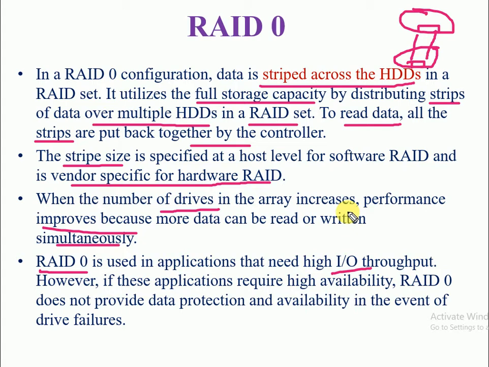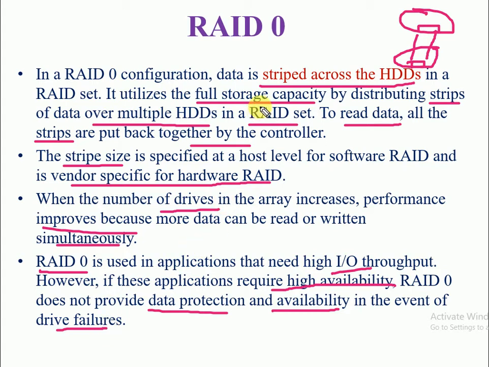But these applications also require high availability because the data must always be available. RAID 0 does not provide data protection, and it does not support availability in the event of drive failures, so we cannot protect the data with RAID 0.